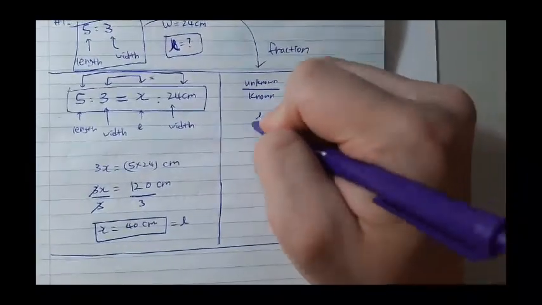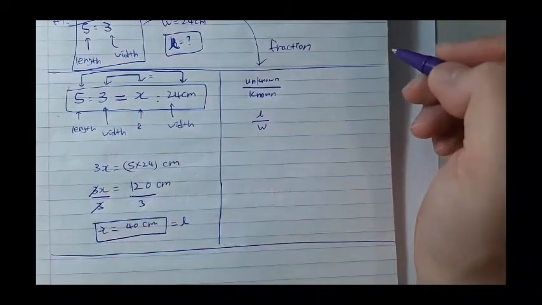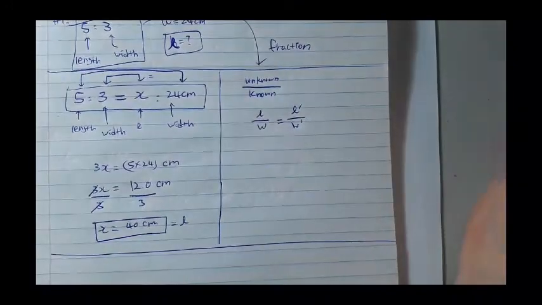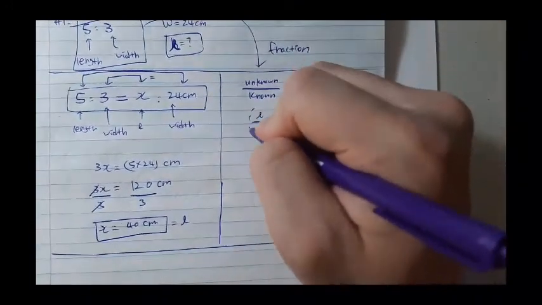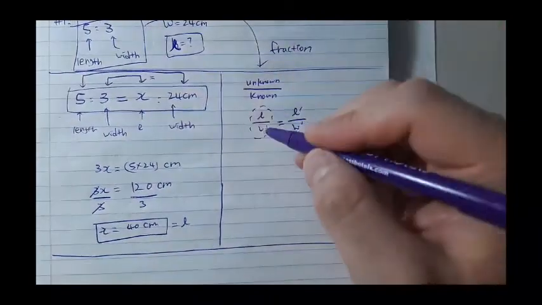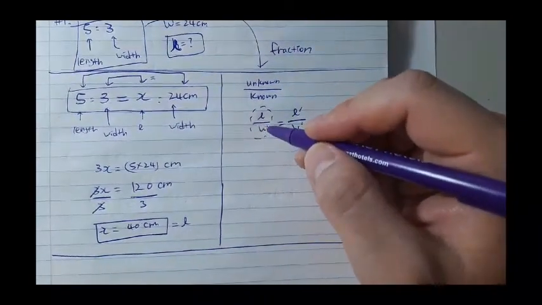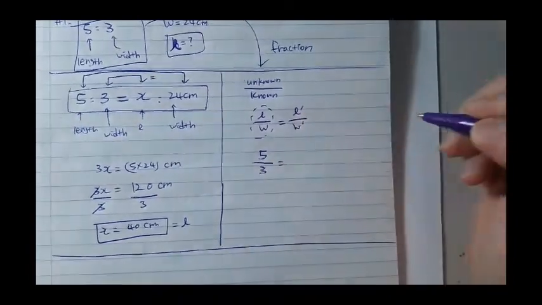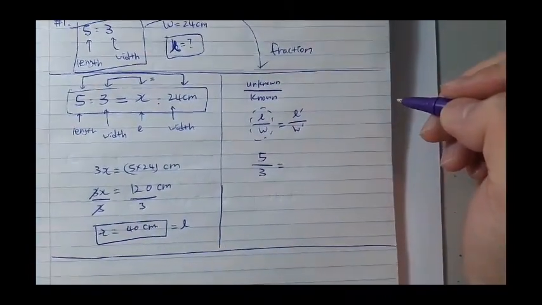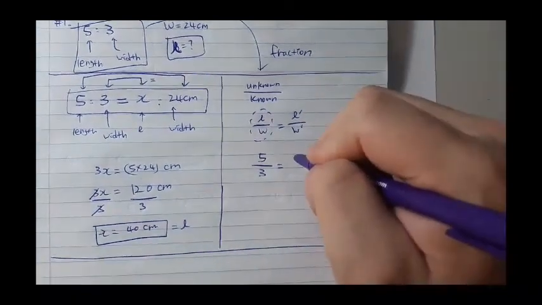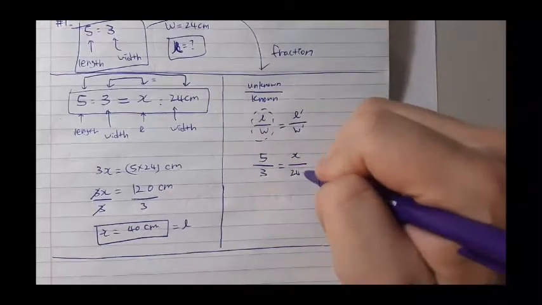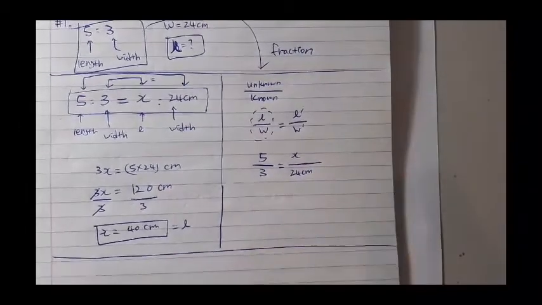So that means length over width. That is equal to length over width. One of the sides will be my ratio: 5 to 3 will go on the left side. So length is 5, width is 3, and on the other side, length, which we don't know, so x, and width, which is the value that we know, 24 centimeters.